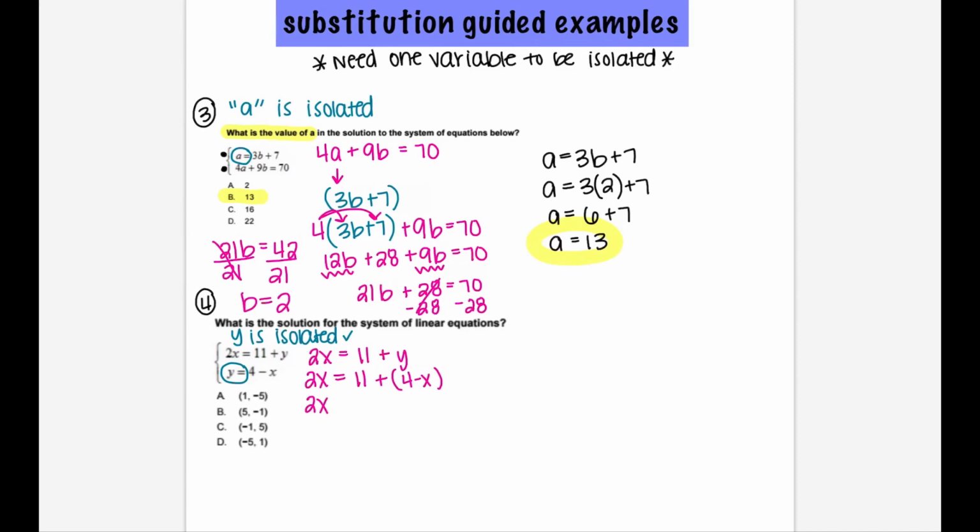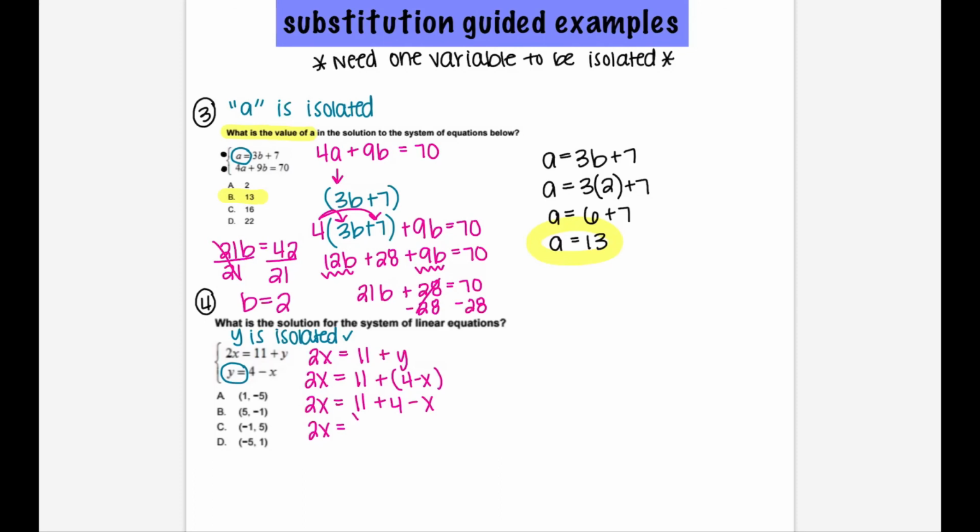And now we simplify, and we're going to solve for x in this equation. All right, so we got 2x equals 11 plus. Now, we don't have anything to distribute here. There's just an unwritten 1 in front of those parentheses, so that is just 4 minus x.